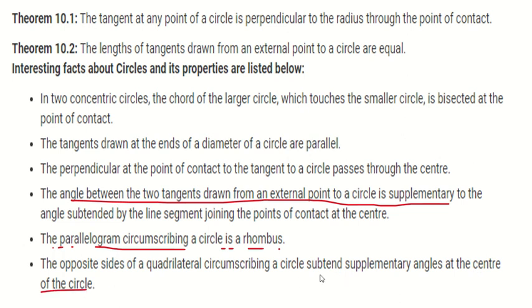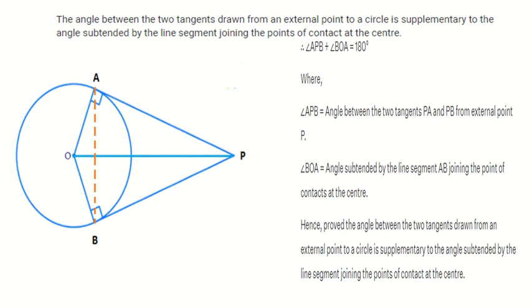So what will it make? It will make supplementary angles at the center of the circle. As we have seen, the angle between the two tangents drawn from an external point of a circle is supplementary to the angle subtended by the line segment joining the points of contact at the center.